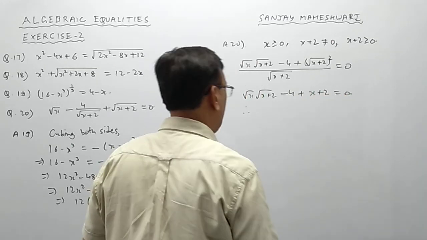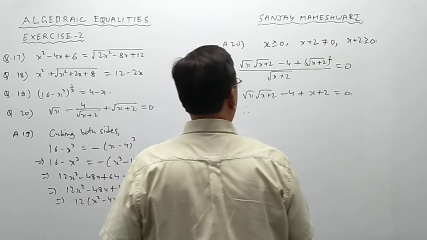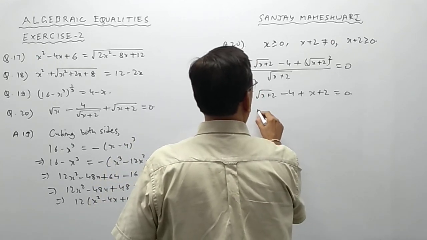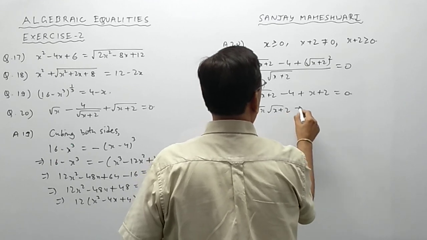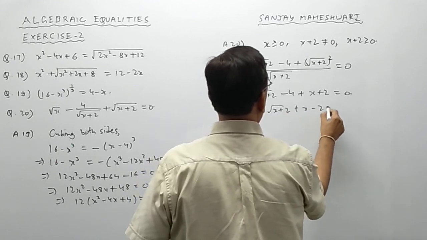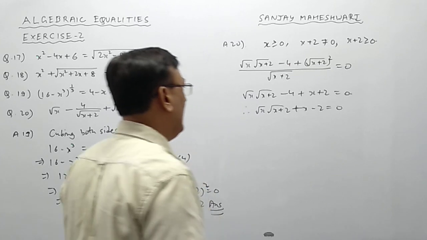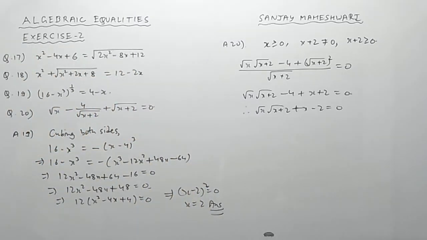Therefore, now root x plus 2 plus x minus 2 is equal to 0. Now we have no other option except to take 2 minus x to that side.